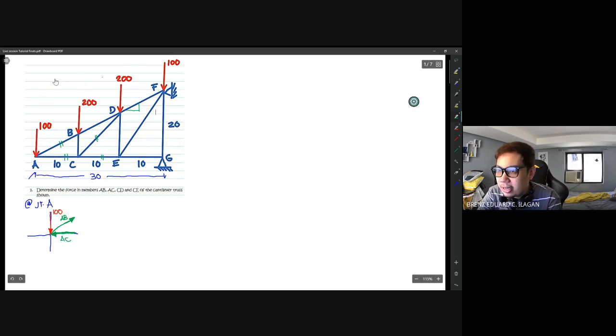So ang mangyayari lang guys dito is using the similar triangle or the ratio and proportion. So yung truss, di ba ito ay 20? Ito ay 30. So ang gawin ko, ito ulit ko as y, ito ulit kong x.